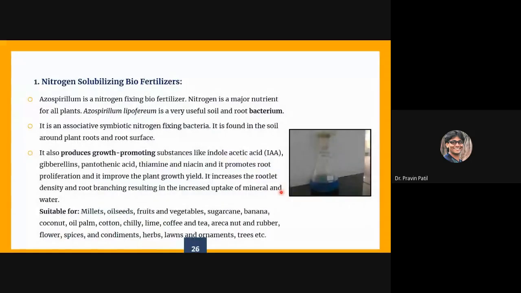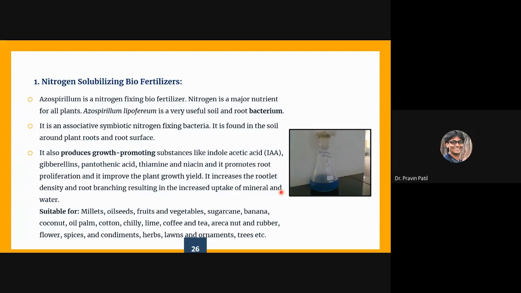Then there is another type which has the same purpose of nitrogen solubilizing agent, known as Azospirillum. It is a bacterium which is highly useful to promote the growth of particular plant species. Apart from providing the solubilizing nitrogen, it can also provide several growth promoting factors such as indoleacetic acid.